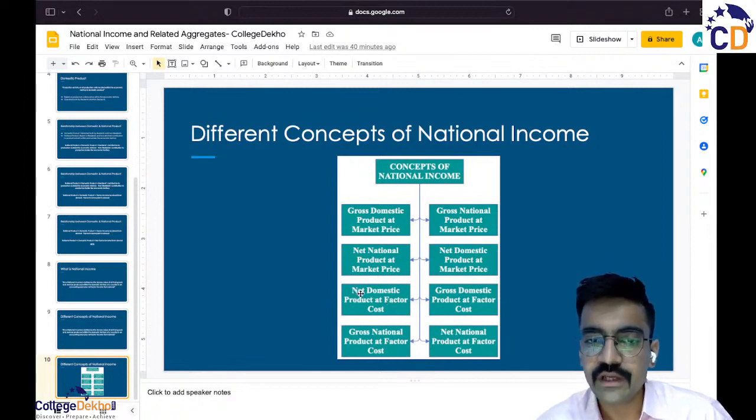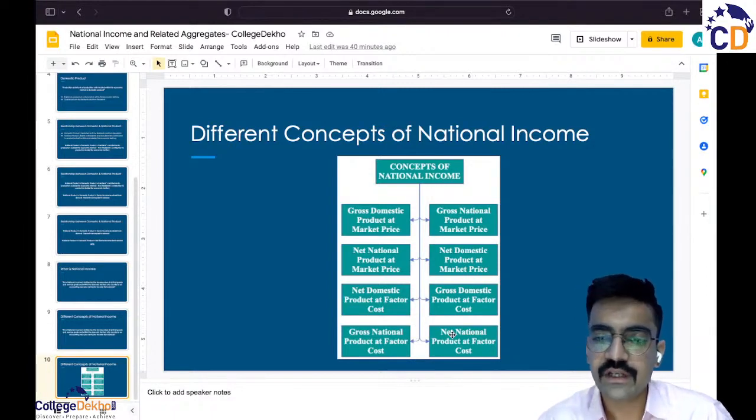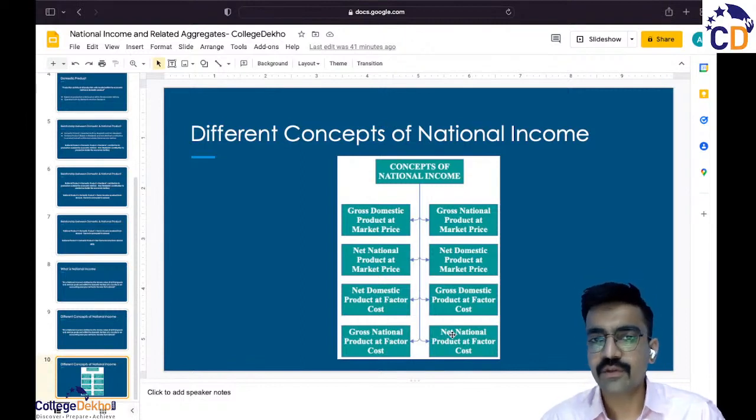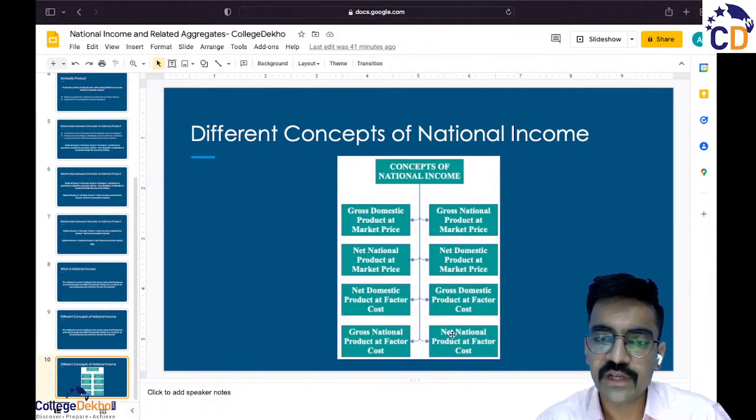So if in the NDP at FC, you add the NFIA, what you will get would be the net national product at factor cost, right? So this was just an example to make you understand how the different types of calculations are done in order to arrive at different concepts of national income, values of national income according to different concepts, right?